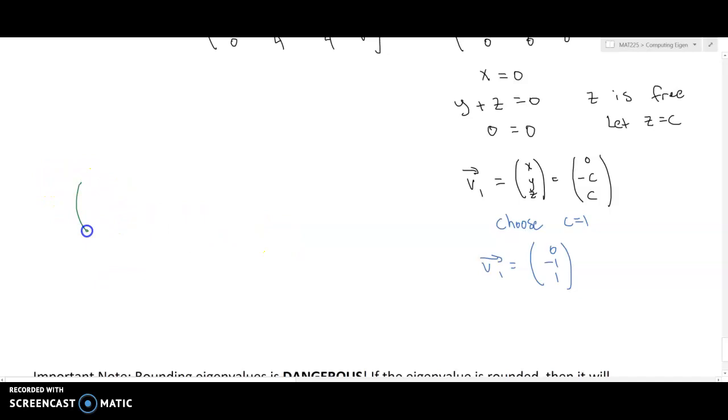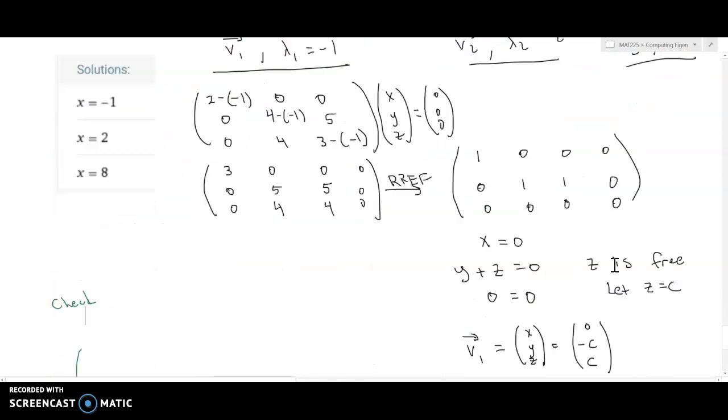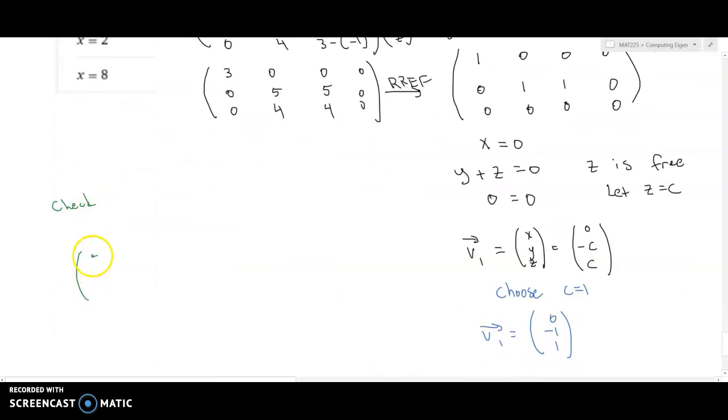Now just to verify as a check that this is in fact an eigenvector that we found, if I look at the original matrix, which was 2, 0, 0, 0, 4, 5, 0, 4, 3, and I multiply it by what I'm claiming to be an eigenvector, 0, negative 1, 1, I am going to get negative 4 plus 5.